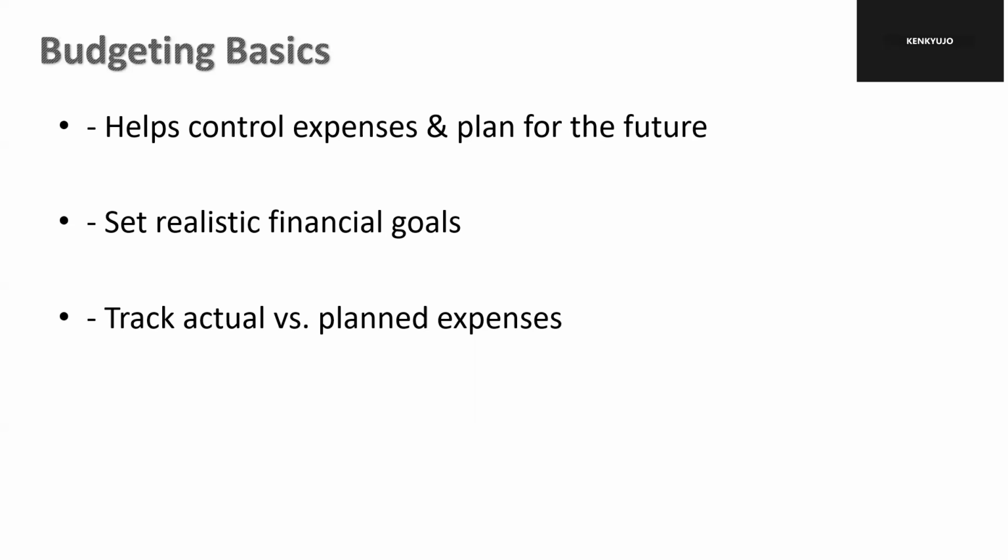Budgets support the organization to track the actual expenditures versus planned expenditures. Then the organization can take corrective actions and decisions time by time if there are very high deviations. So these are the budgeting basics.